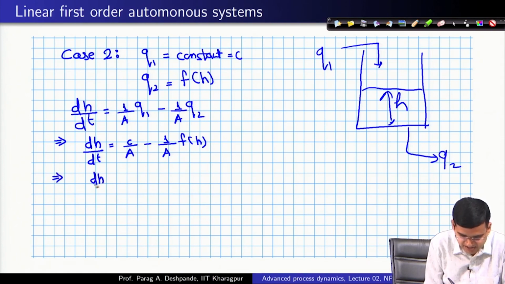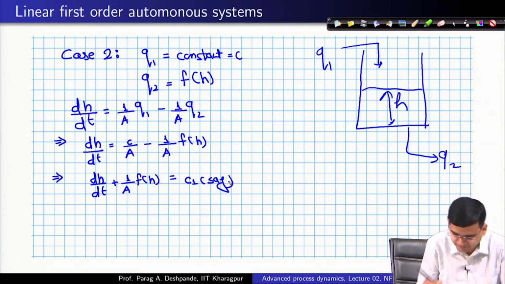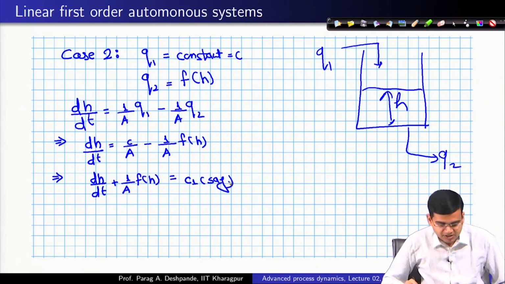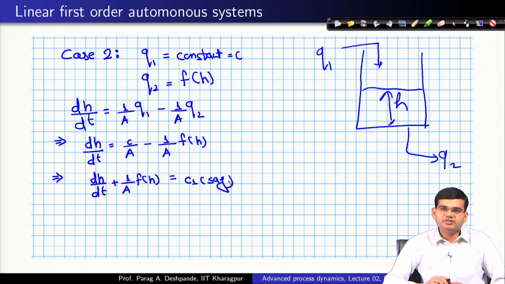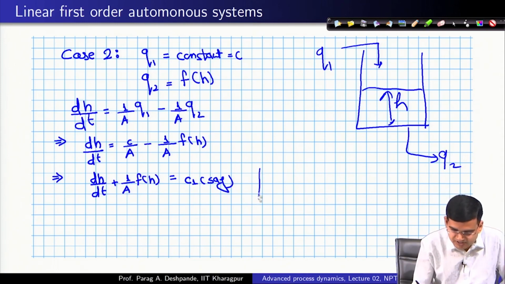and this can be rearranged as dh/dt plus 1/A f(h) is another constant, say C1. Okay. So, now you can immediately see the difference between the behavior. In the previous case, the equation was simply dh/dt is a constant.